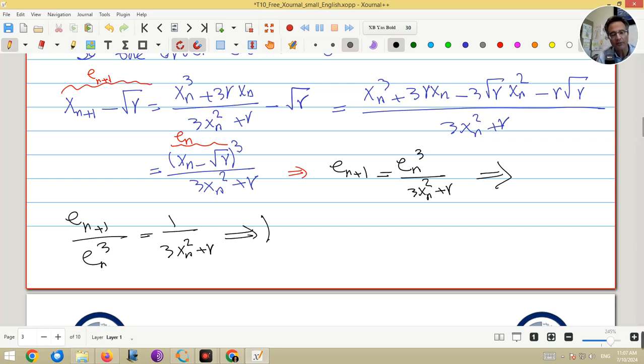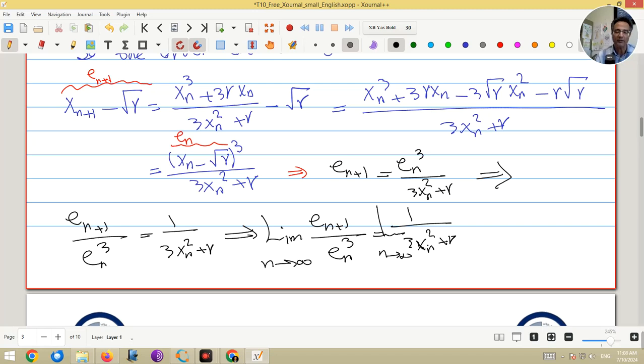Now take the limit. The limit of e_{n+1} over e_n cube as n goes to infinity equals the limit of 1 over (3x_n squared plus r) as n goes to infinity, but we know that x_n goes to square root of r, so it will be 1 over (3r plus r).